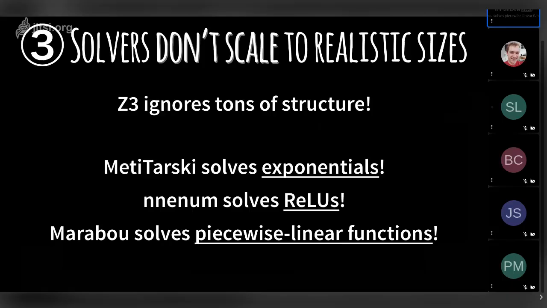And Marabou started out also as a solver specifically for ReLU networks, but is now generalized to handle networks with any piecewise linear functions. So Marabou really fits our use cases very well. Unfortunately, none of these are integrated with F-star, obviously, because they're research solvers, and F-star is very specifically tied to Z3.